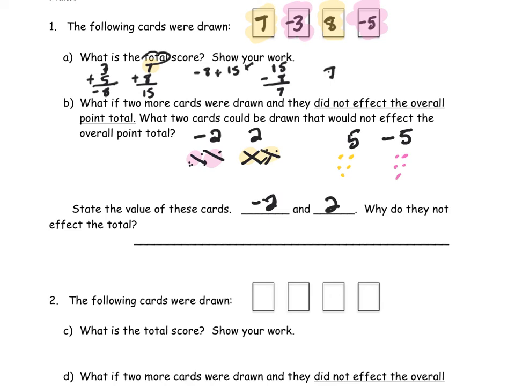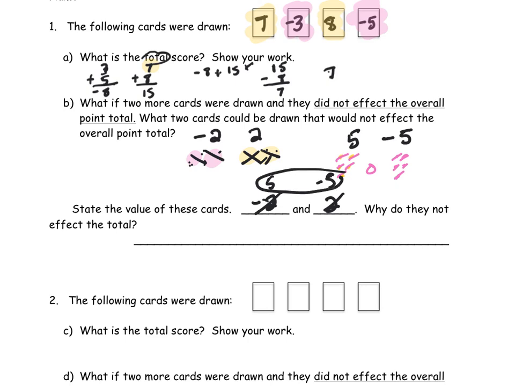And what would happen is I would be able to 0 out all of them. Each one of them would have a match. We would call those 0 pairs. So I would be left with 0. So instead of writing this 2, I could have written +5. And instead of writing this +2, I could have written -5. The point being that these two numbers have to be opposites of each other.